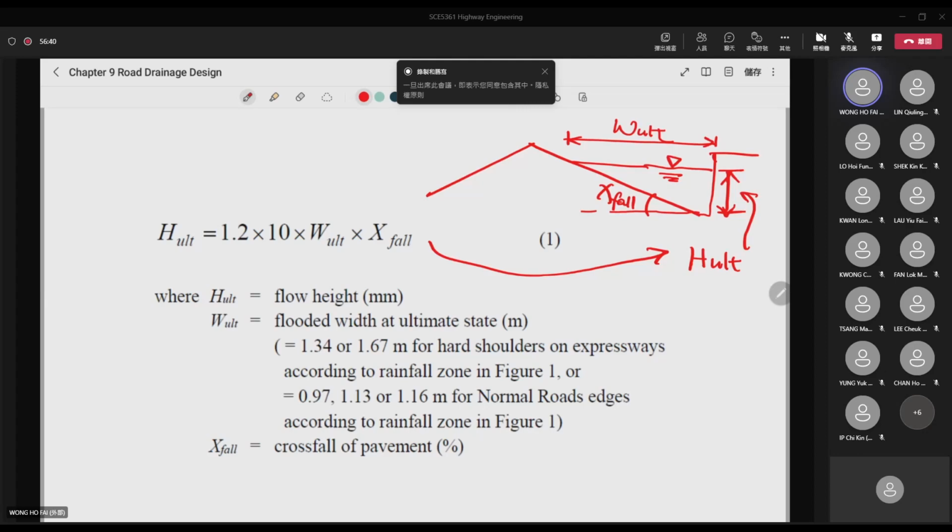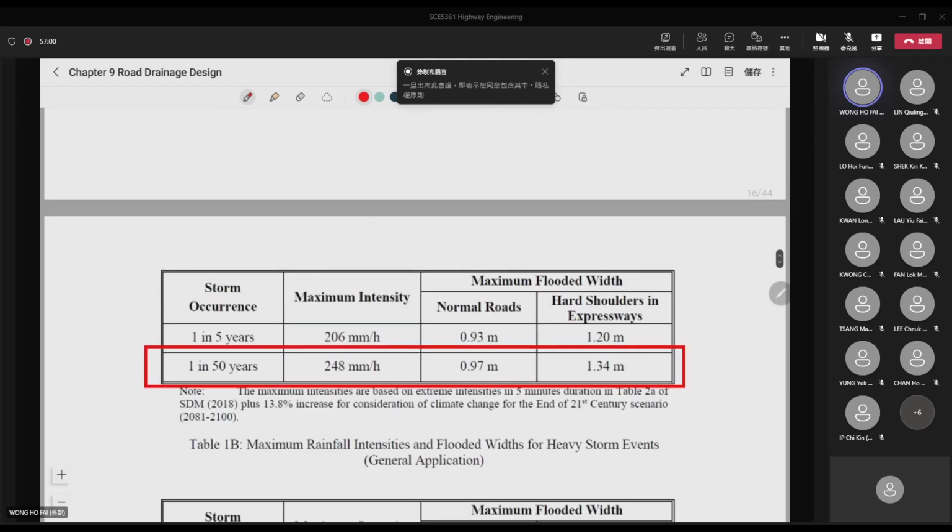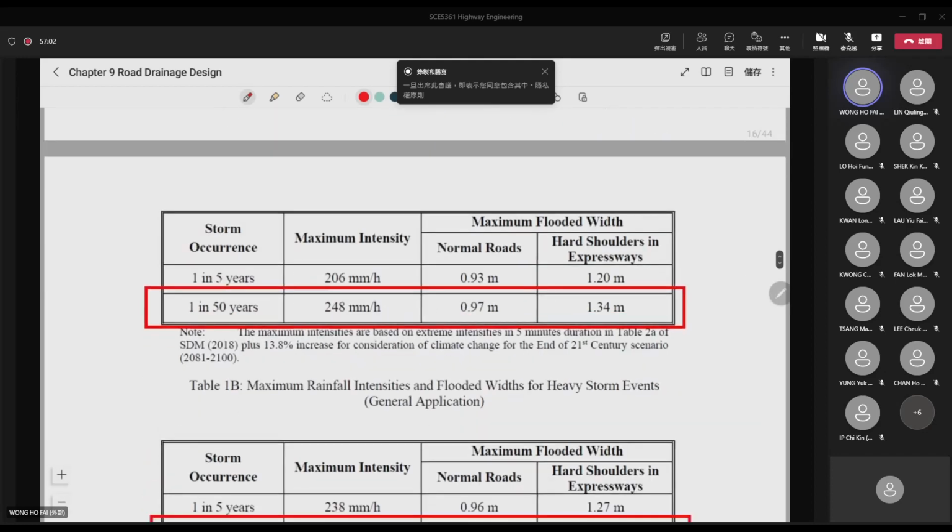So you can see that we will have 1.34 or 1.64 for hard shoulder on expressway, or 0.97, 1.13, 1.16 for normal road edge. This is according to the rainfall zone as shown in figure 1. As I mentioned, you have different areas.